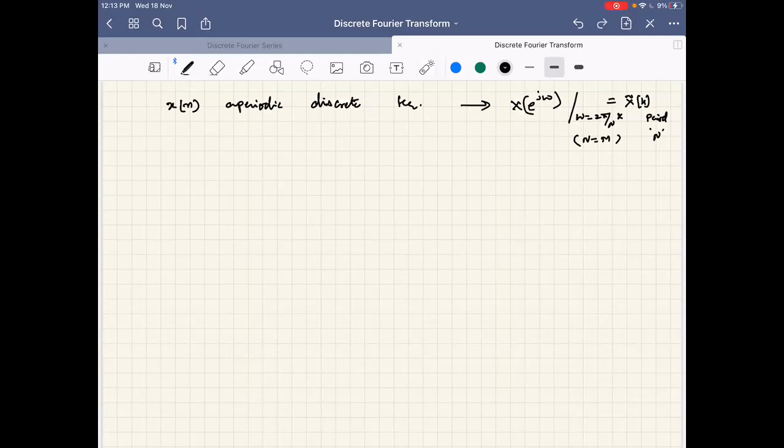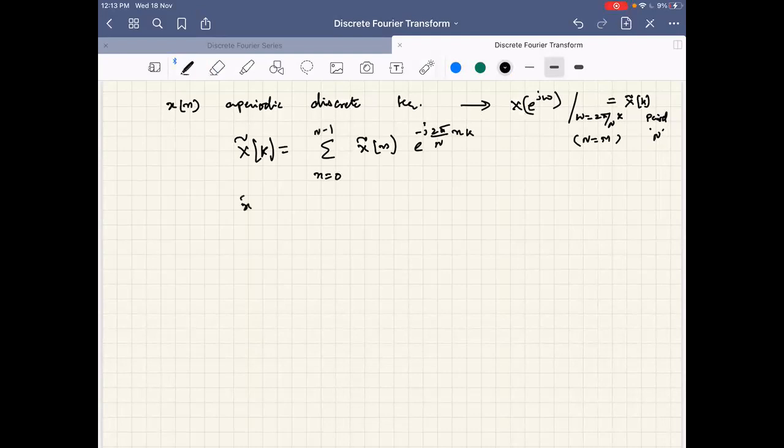Now, if we write the expression between x tilde of k and x tilde of n, to get the frequency domain representation, we sum over n equal to 0 to N minus 1.